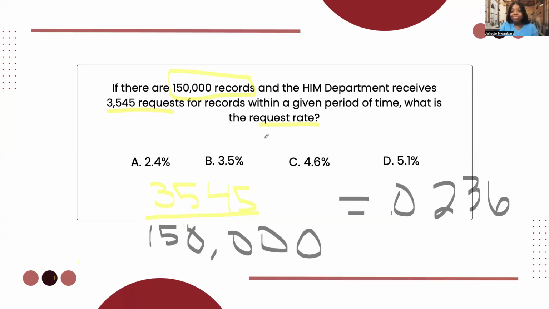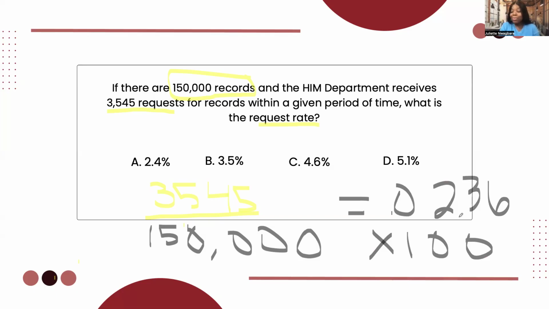We got a decimal, right? So in order to convert this to a percentage, we need to now multiply this by 100. When you multiply this number by 100, you will end up seeing on your calculator 2.36.